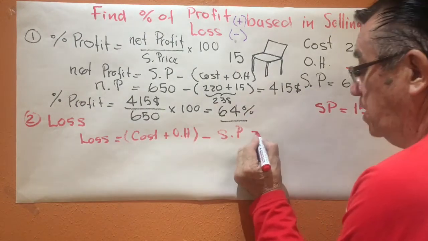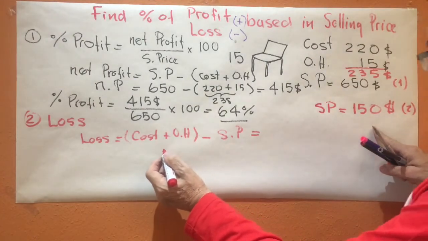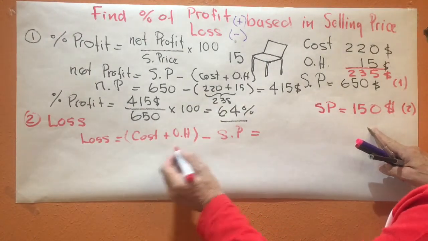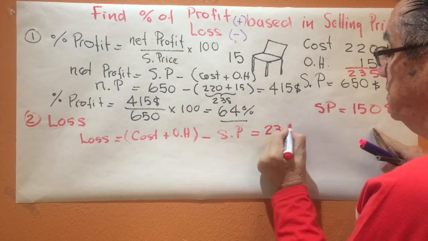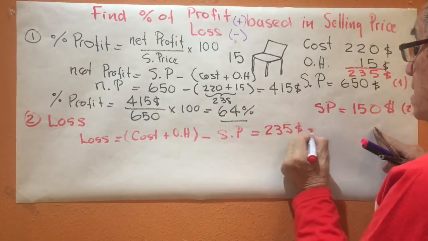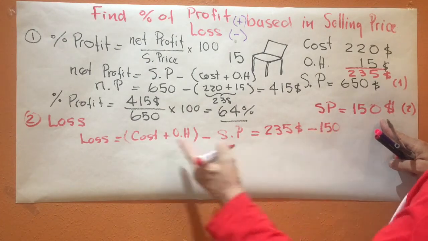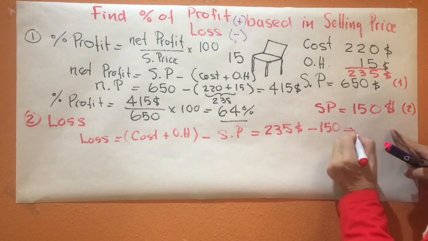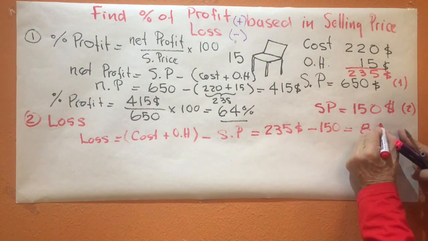So if we substitute the values, we have that the cost and overhead is $235 minus 150, which was my selling price. So my loss is $85.